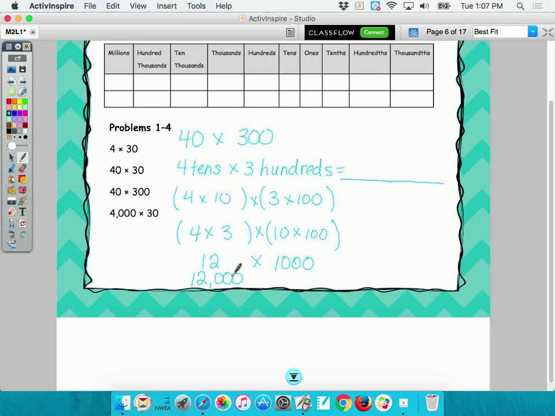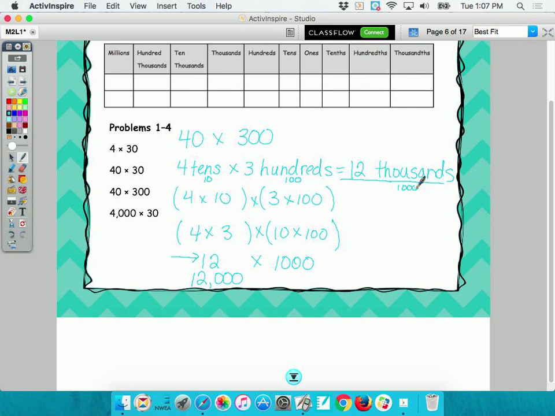So now that I know, this one right here is going to help me figure out what to write on my line. 12 times 1,000 would be 12 thousands. You got to make sure you get your S on it. It's not THS anymore, is it? No. Okay, so I want to show you something. Eyes up here for a minute once you get that done, okay? Ready? If I put a 10 here and a 100 here, what's 10 times 100?